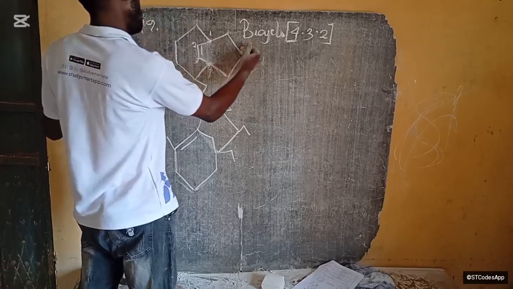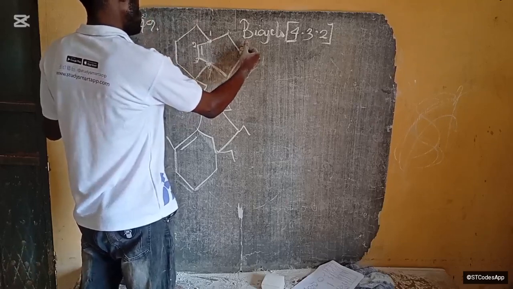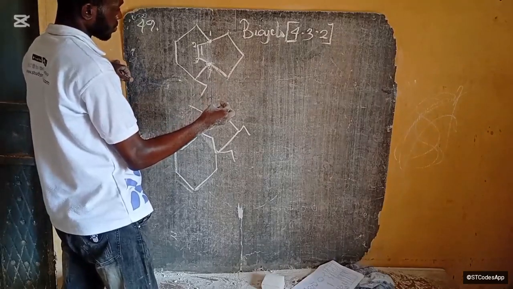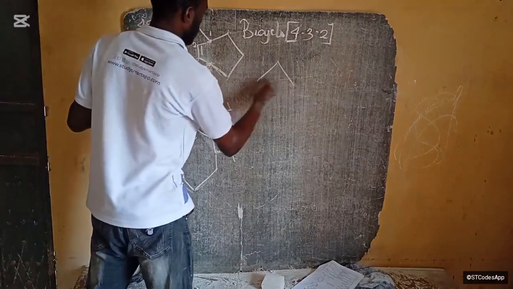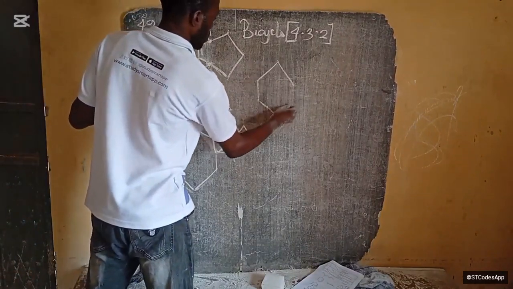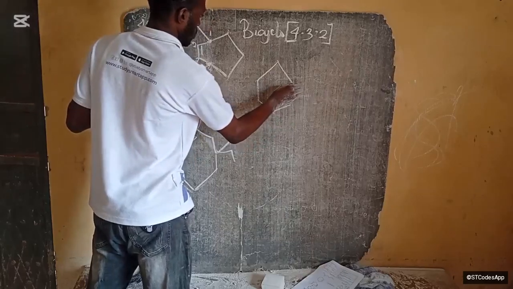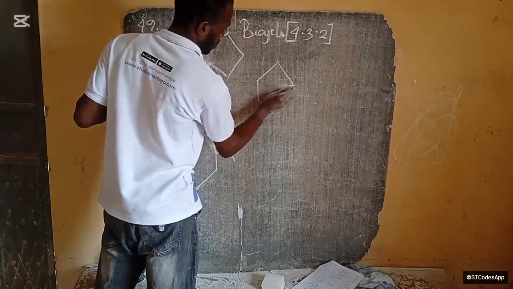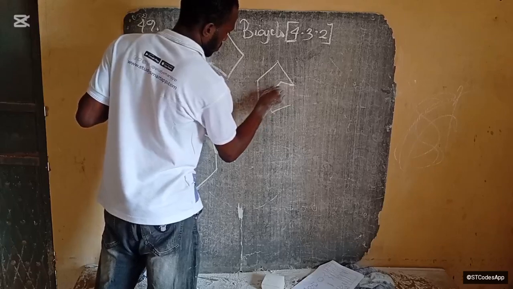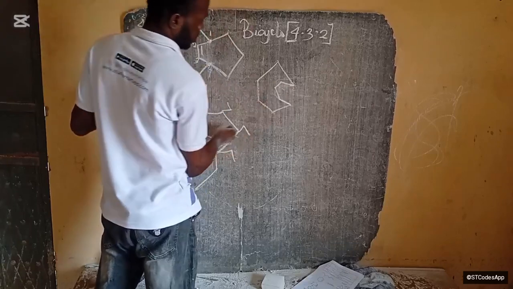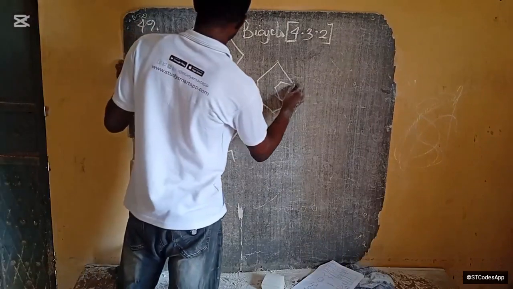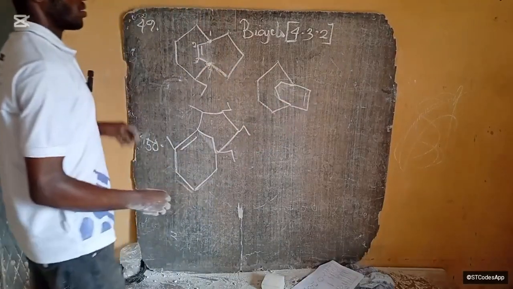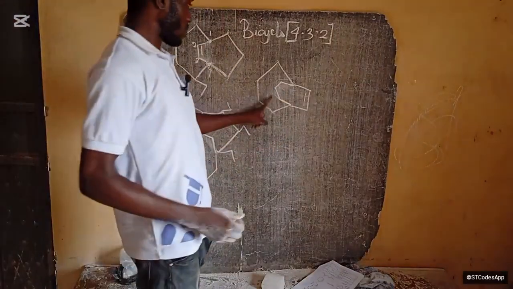Then this will now be in the middle, right? So it will now look like this molecule is something like this. So that the bridgehead carbon will now be here.